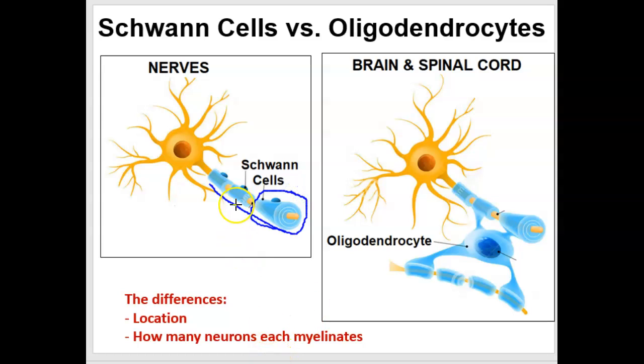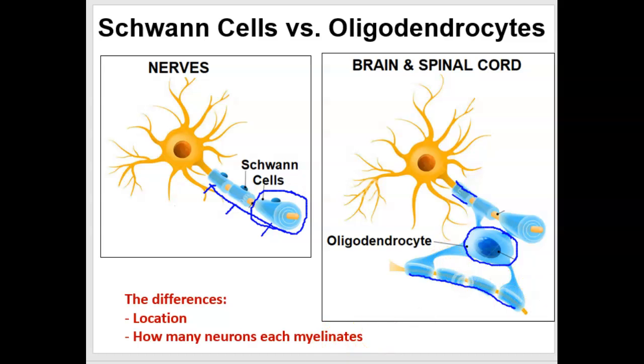So this is 3 different Schwann cells covering the axon of a neuron. Notice the oligodendrocyte doesn't devote its nucleus to the role of wrapping around an axon, and that enables it to send out extensions that will serve multiple axons.